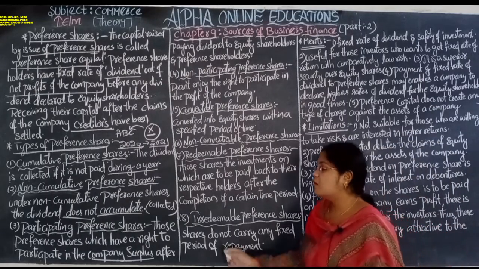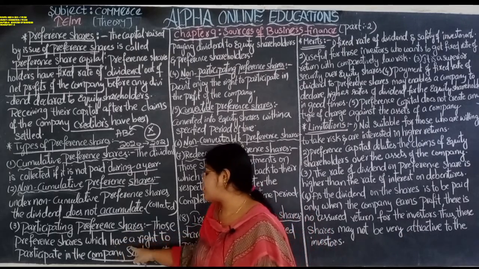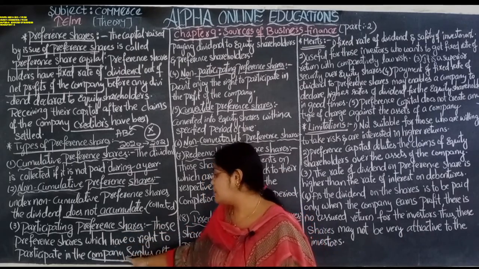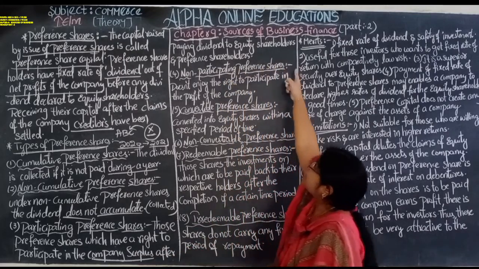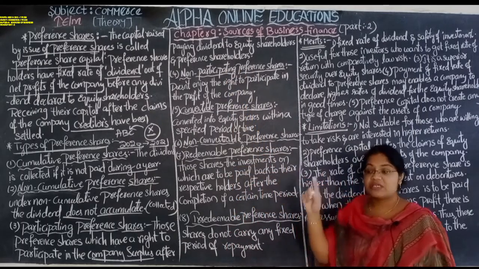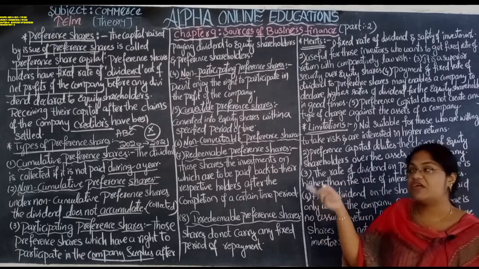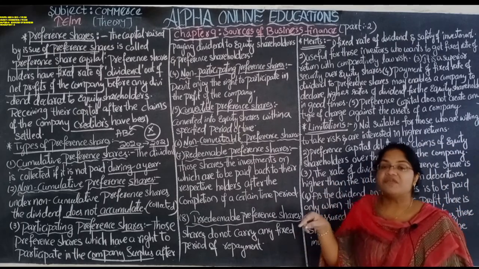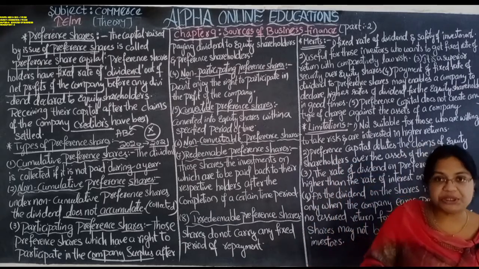So participating preference shares are those which have a right to participate in the company's surplus after dividend is paid to equity shareholders and preference shareholders. First the company will pay the dividend to the creditors, then to the preference shareholders, then to the equity shareholders.